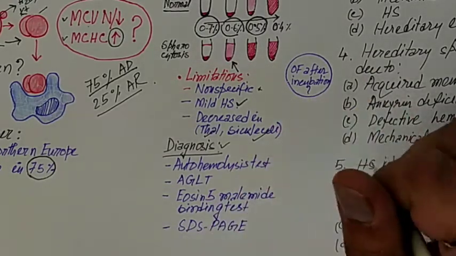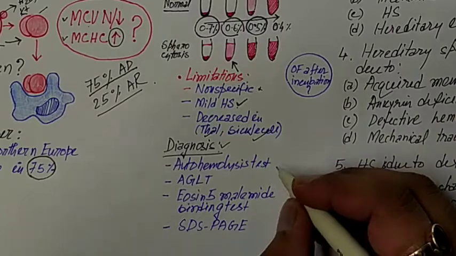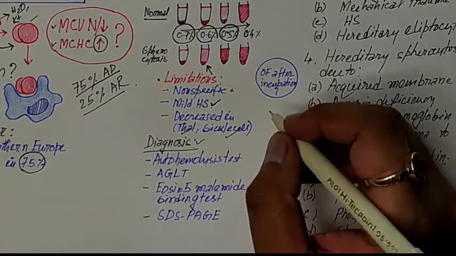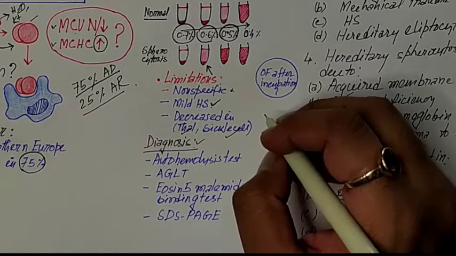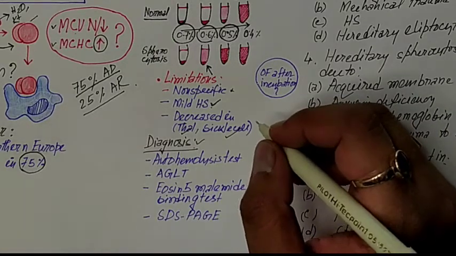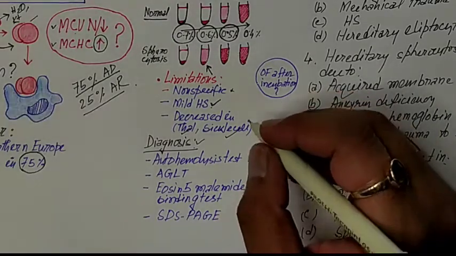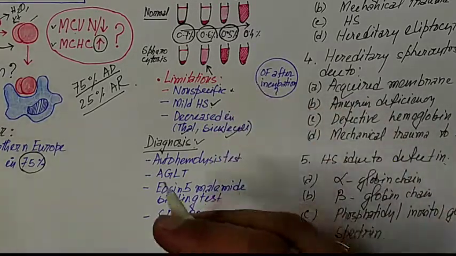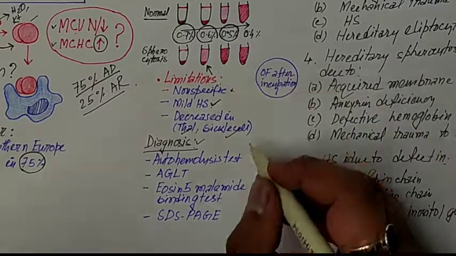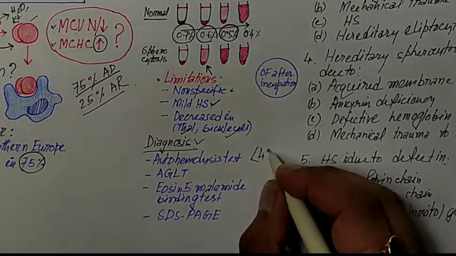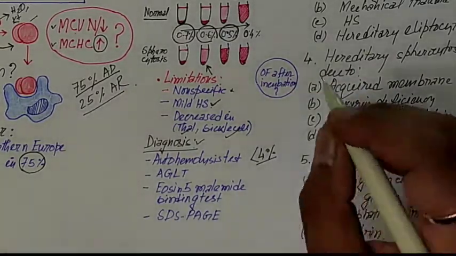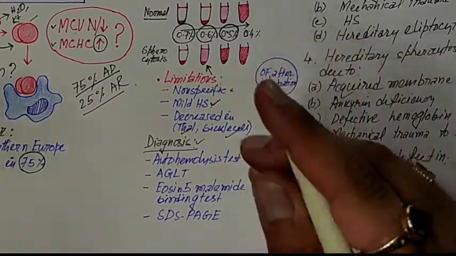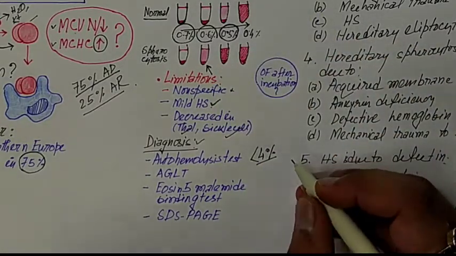In the autohemolysis test, we take a test tube, put some blood in it, and keep it at 37 degrees centigrade for 48 hours. In normal cases, when the RBCs are normal, there is less than 4% hemolysis. But in hereditary spherocytosis, the amount of hemolysis is much more.